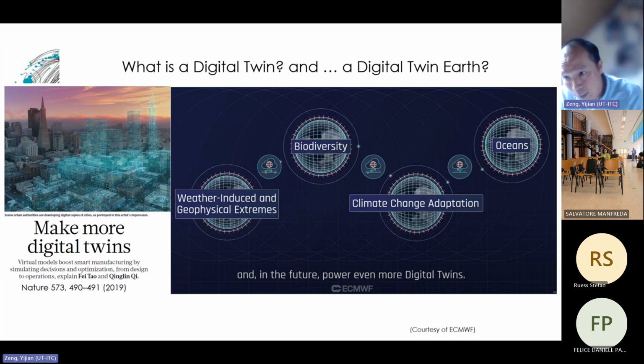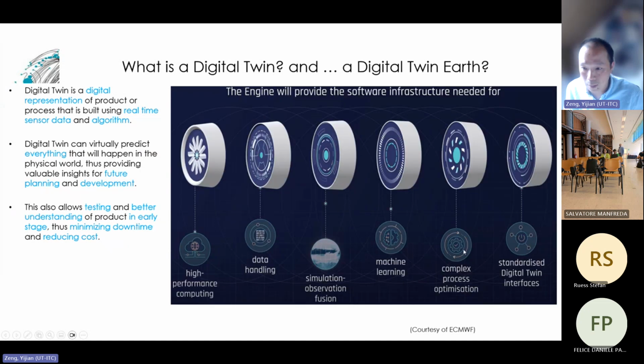Then the question comes: how do we link up all these different digital twins together? A standardized digital twin interface is very much needed to link up and couple all these different digital twins together. That is why we need this standardized digital twin interface.